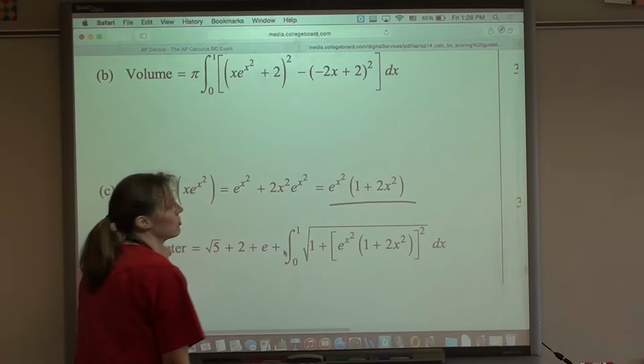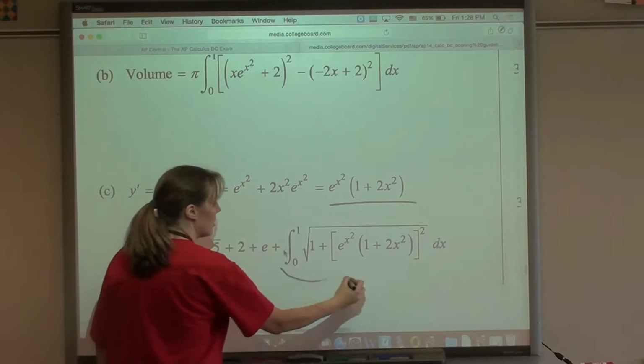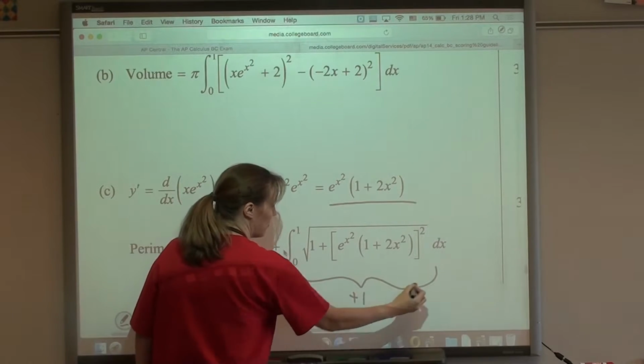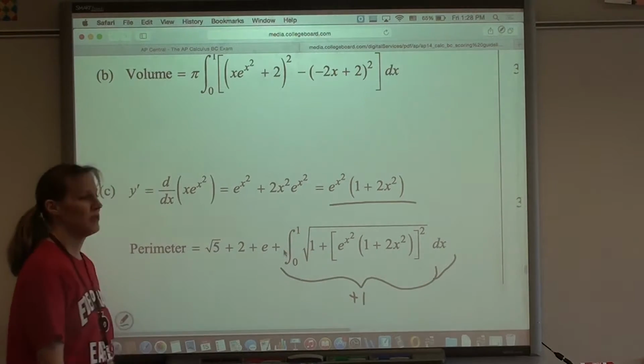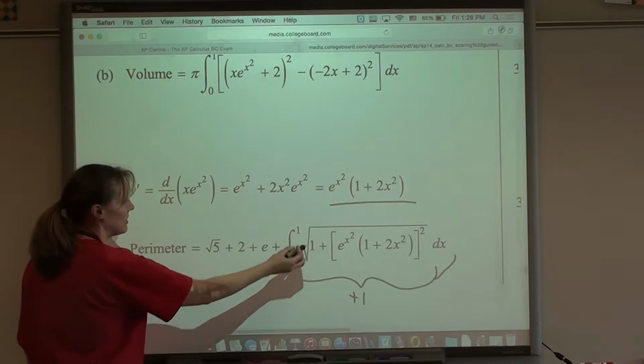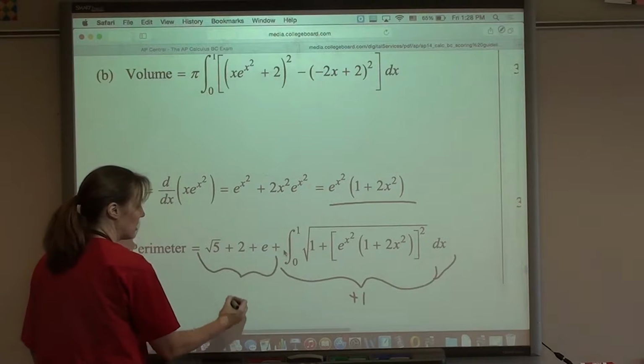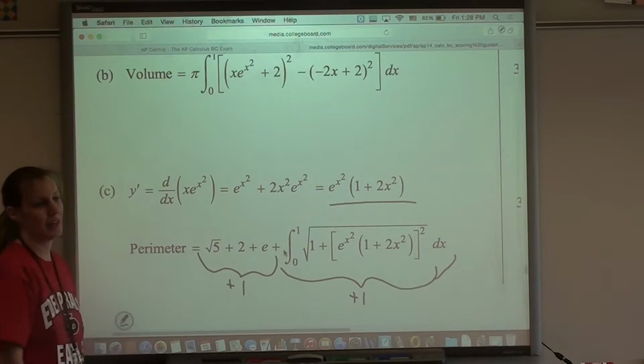If you found your derivative correctly, that's a point. Then you got a point for the integral, include the dx, right? That's your arc length. And then a point for the answer, which to me means whatever you used for arc length, plus this stuff. That's how I'm thinking in my mind.